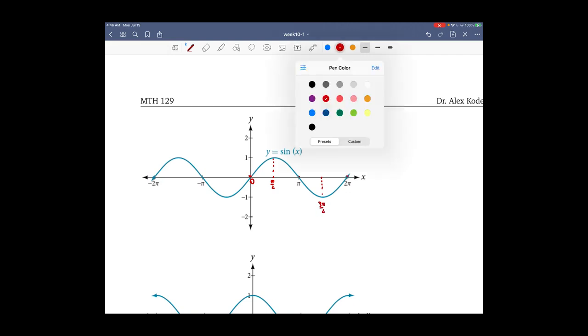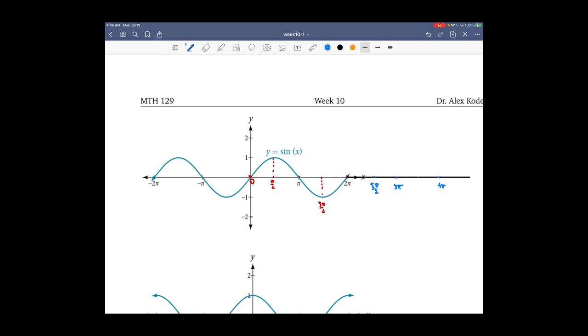Let me prolong the x-axis here. Now we get 3 pi here, so 5 pi over 2 here, 4 pi here, and then 7 pi over 2 here, so it's going to look like this.